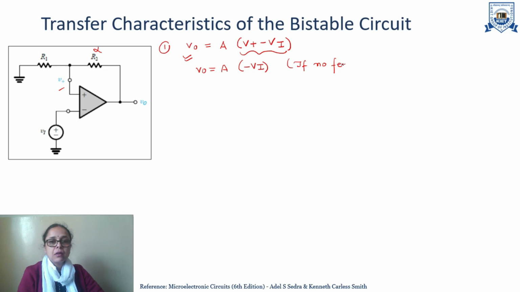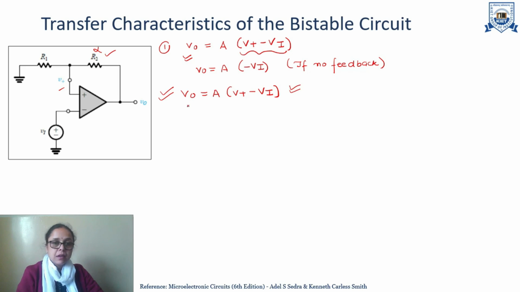Now let us say in this diagram we are having this feedback with resistance R1 and R2. So with feedback, what will happen? This V naught will be A times (V plus minus Vi). Now this V plus, in this case, will not be 0 because we are having this feedback part. We will see what is the value of this V plus. Now there is one important interpretation from this equation.